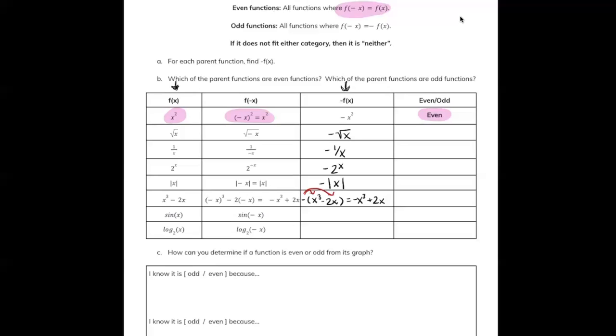And we can see that in this graph, because if we were going to rotate this blue one by 180 degrees around the origin, we'd end up with the red one.